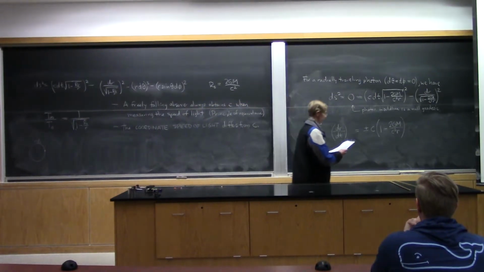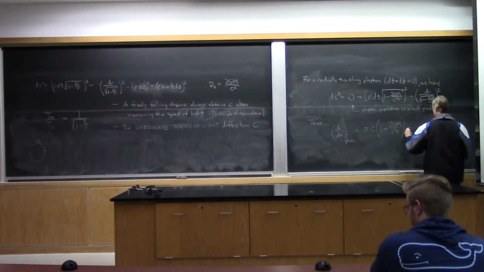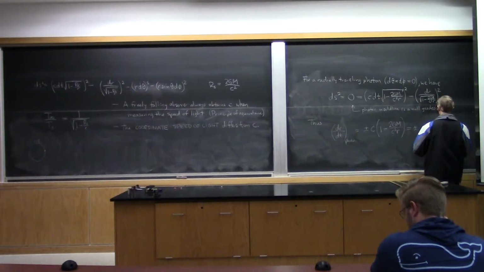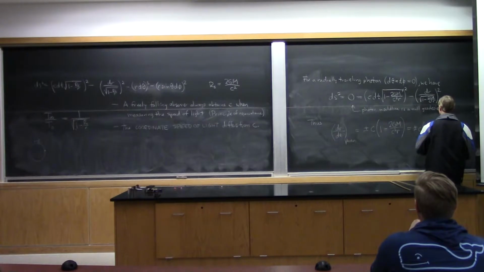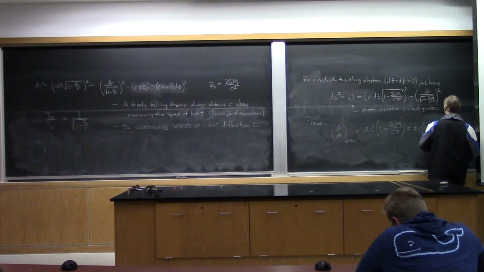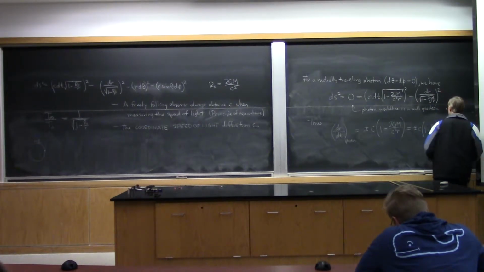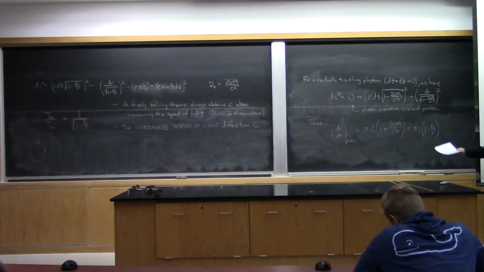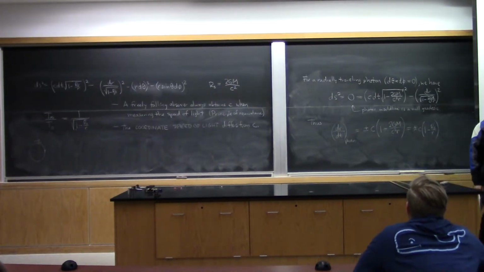So we could also put in what the Schwarzschild radius is. So this is plus or minus c times 1 minus r_s over r. Why do I say plus or minus c there?